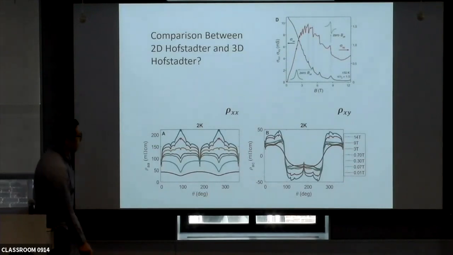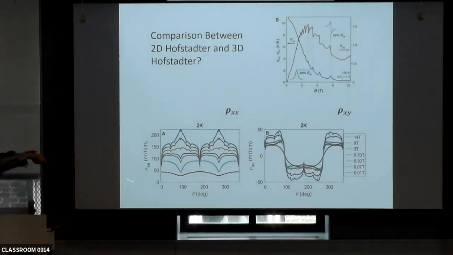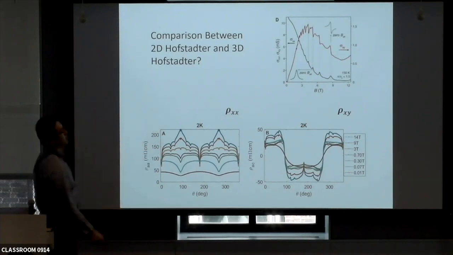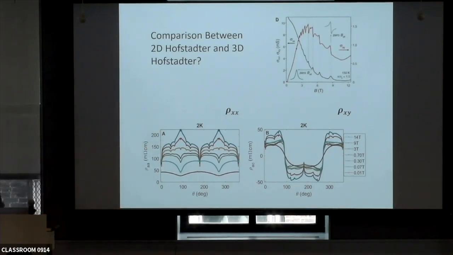If we compare this with the 2D case, we see a dip in the resistance corresponding to a peak in the conductance, and in the Hall effect it's less clear, but you also see something similar in the Hall channel.